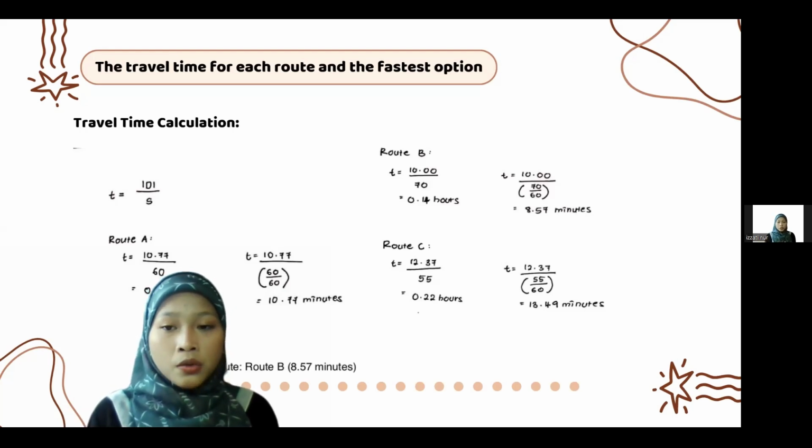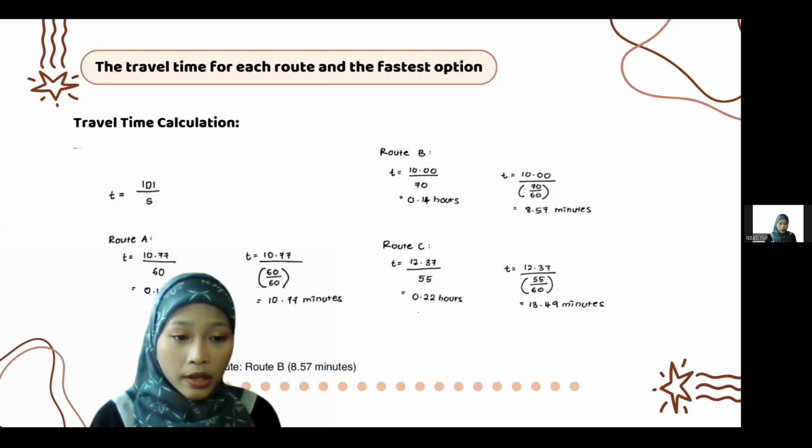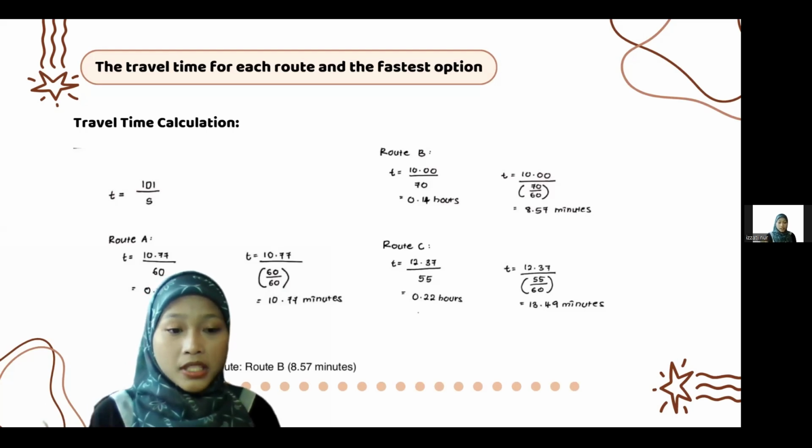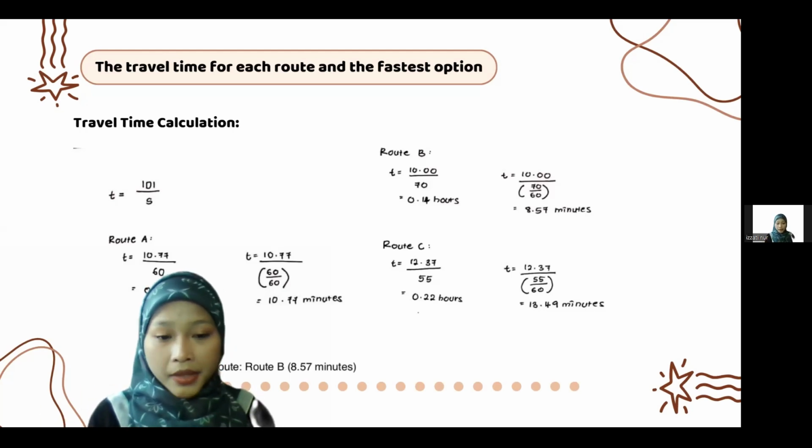For route B, we also make t equal to 10 over 70, times 60, and the time it takes for Mushrif to arrive at Makete for route B is 8.57 minutes. And for route C, t equals 12.37 over 50, times 60, and the time that we will get is 13.49 minutes.